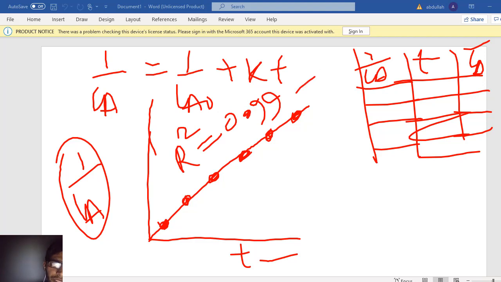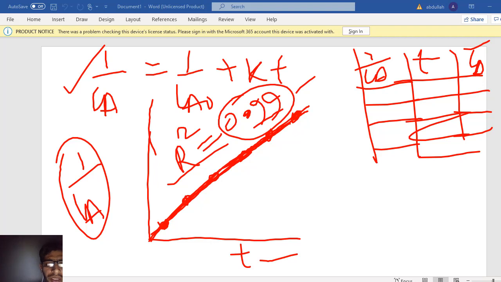So the experimental points and the theoretical straight line for the second order reaction were quite close to each other, and the regression coefficient was 0.999 or 0.98, which is quite near to 1. So in this case, the reaction is a second order reaction.